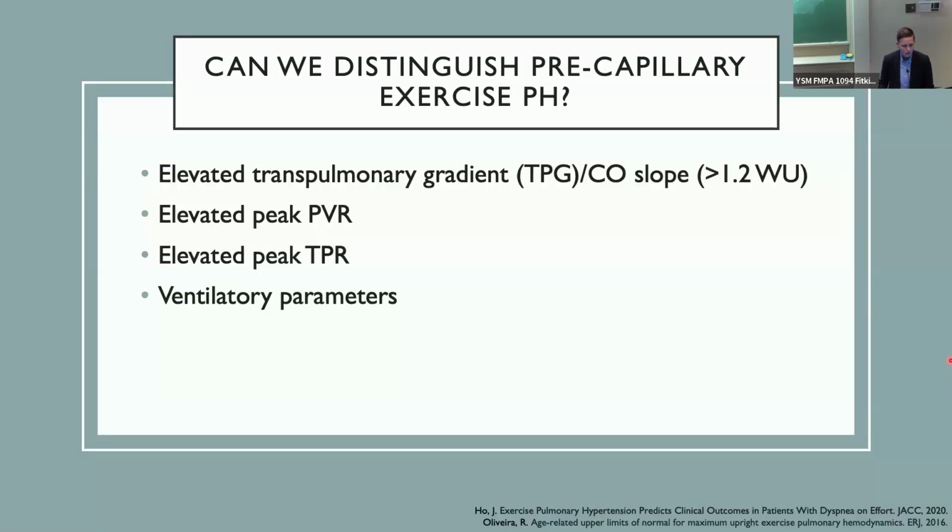In practice, we might also look for our familiar non-invasive parameters that suggest pulmonary vascular disease, some of which we discussed before, including exercise-related hypoxemia, an abnormal widening of the AA gradient with exercise, a failure to decrease dead space fraction with exercise, an elevated VE to CO2 ratio, et cetera.